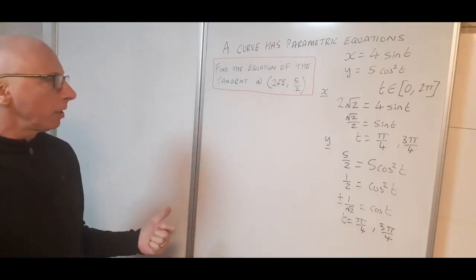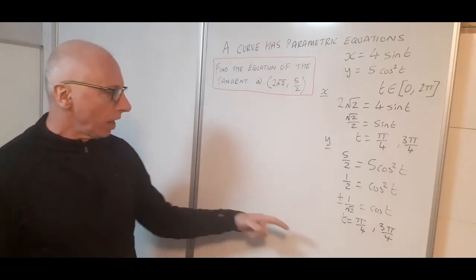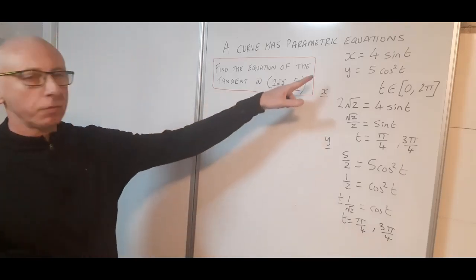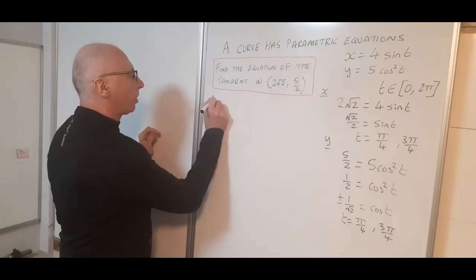Okay, now what I need to do is find my derivative and see if there's any difference when I plug in my 2 values of t. So for my derivative here, I need dy/dx.